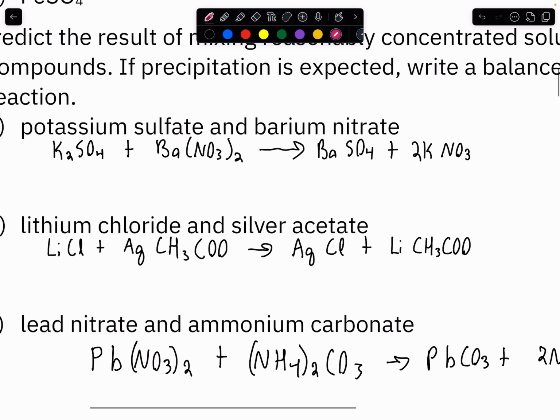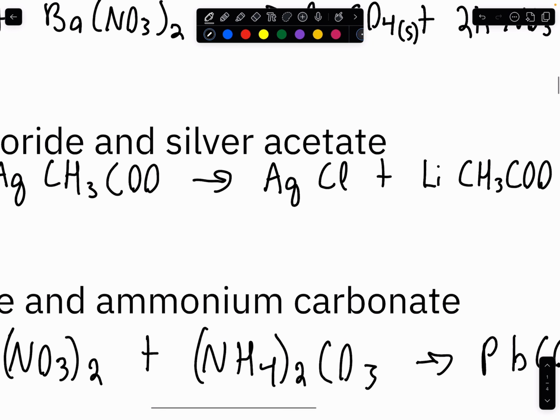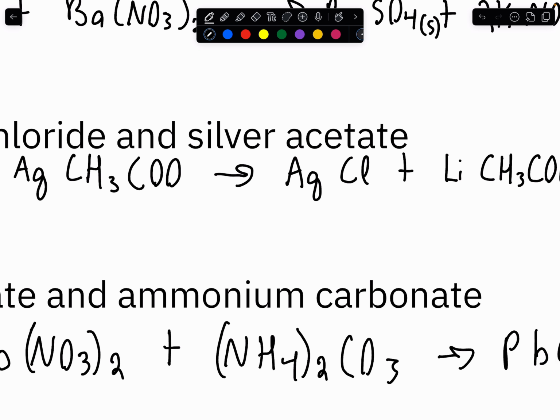For instance, I know for A that the sulfate, because it is attached to barium, makes it solid. I know that chlorine is a halogen, and halogens are usually soluble, except when they have silver or one of the other exceptions.